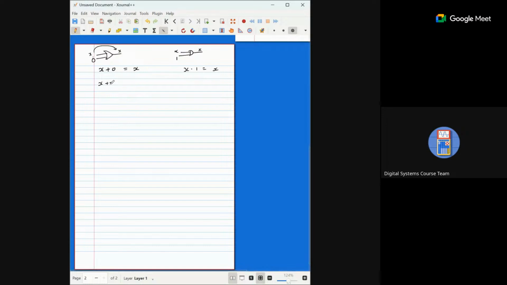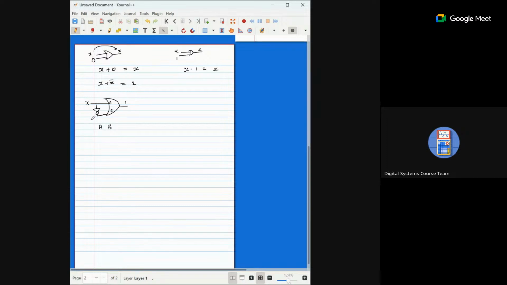Similarly, X plus X bar gives the value 1. It means I have the OR gate with one input like this and another input inverted. The final answer is always 1. In simple terms, let's say these are A and B inputs.